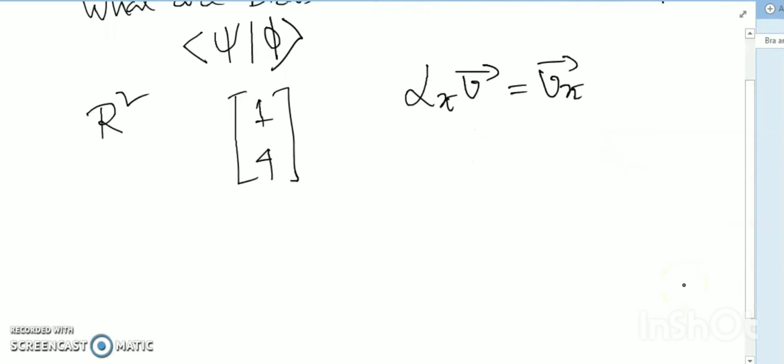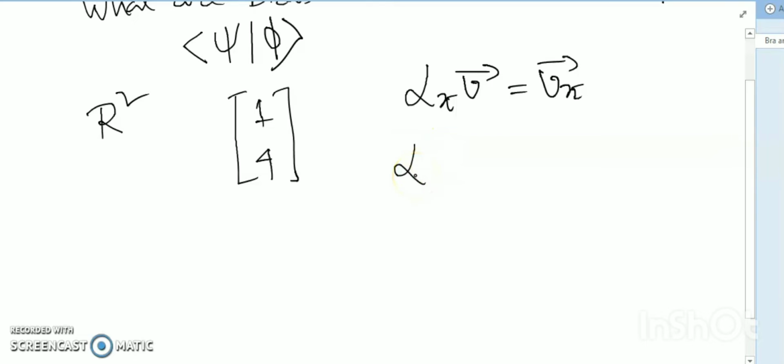So this vector has a component of 3 along the x direction, so this map would return 3.